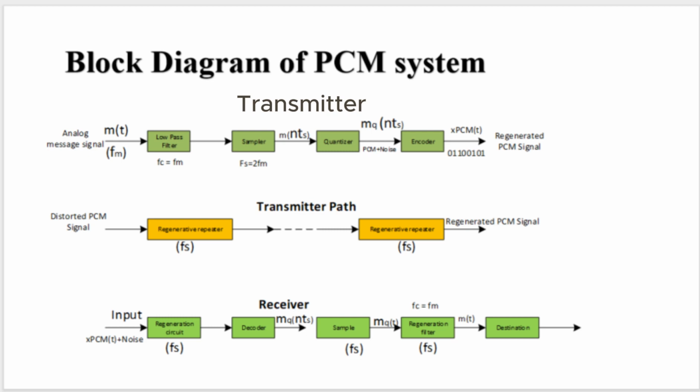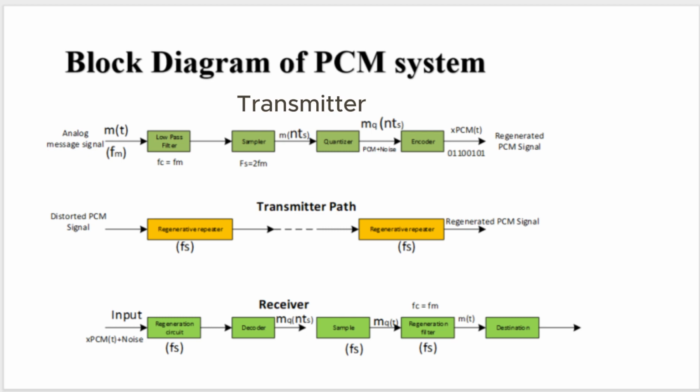Okay, we continue with the block diagram of a receiver. The regenerator at the start of the PCM receiver reshapes the pulse and removes the noise. This signal is then converted to a parallel digital word for each sample.